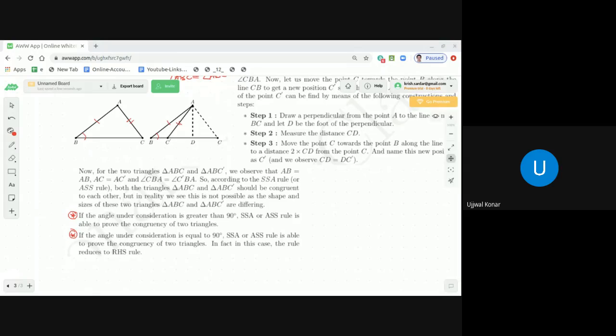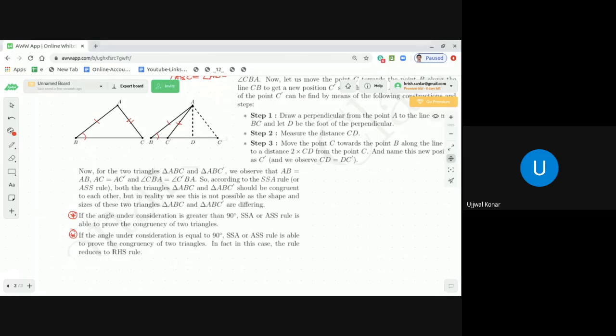So what we can say is that there is a very important observation. If the angle under consideration is greater than 90 degrees, it is congruent. We can prove congruency under SSA. If the angle under consideration is equal to 90 degrees, then also we can prove it is congruent, but more specifically you can say it is congruent under the RHS congruence rule.